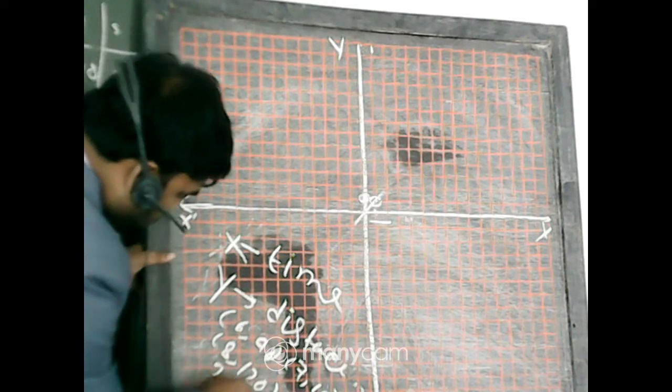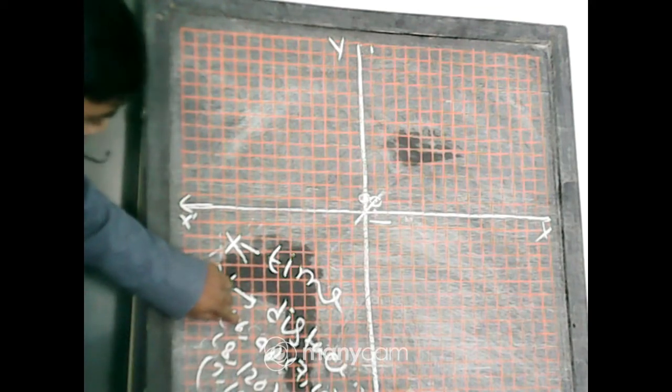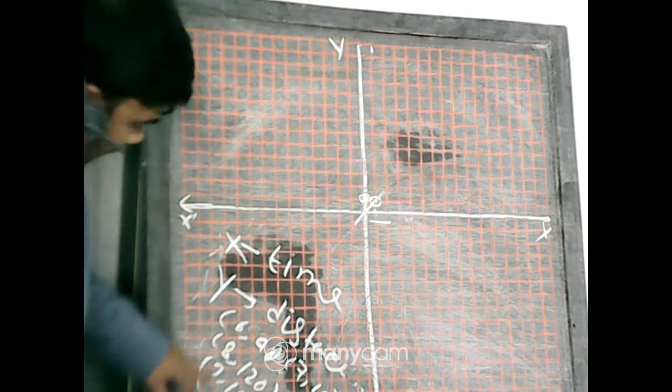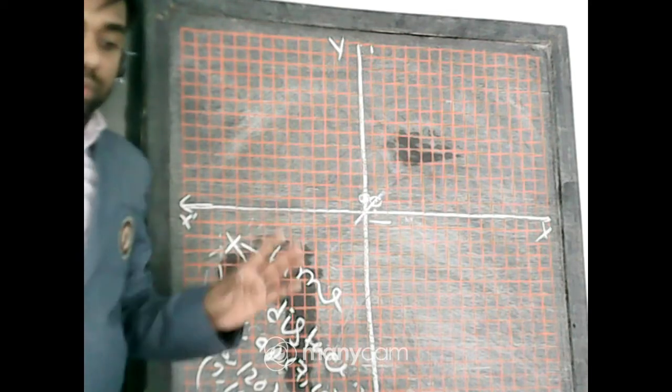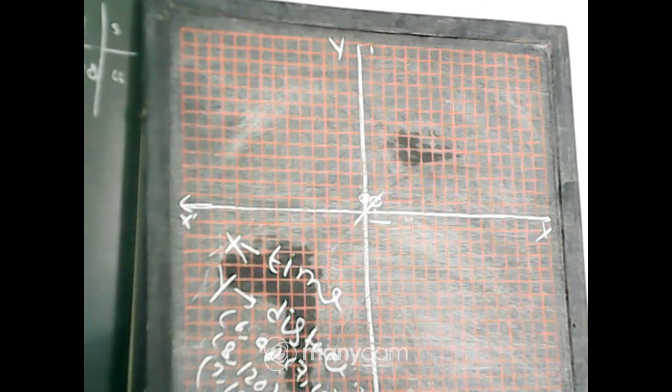These are the points. Okay, so x-axis 6 means 6. This 6, 7, 8 and 9 will be put along the x-axis.